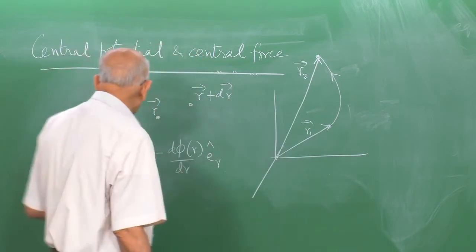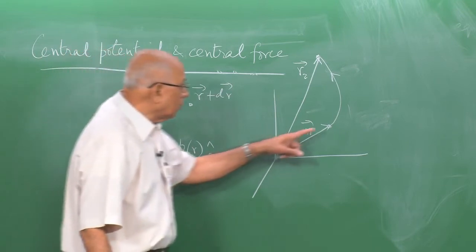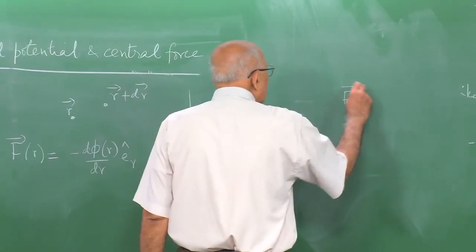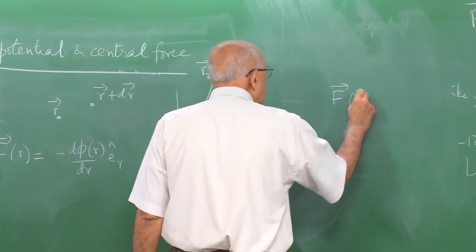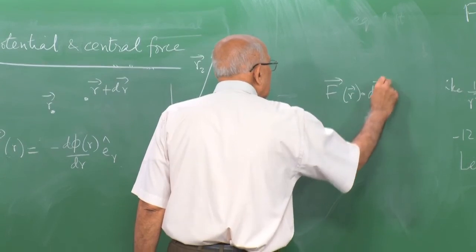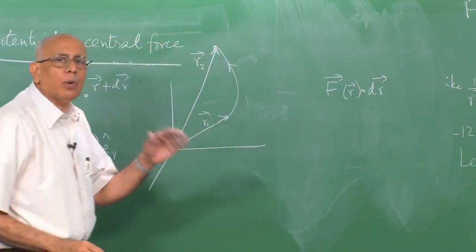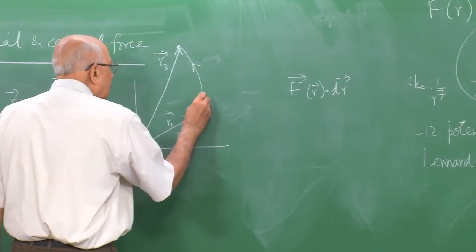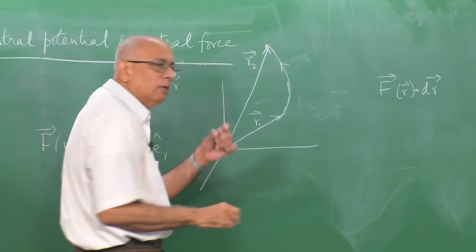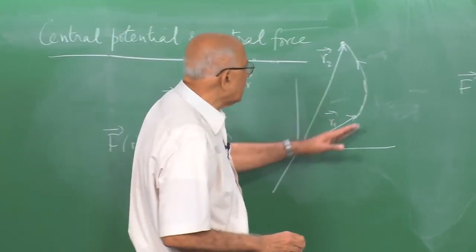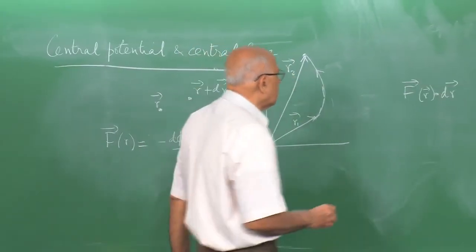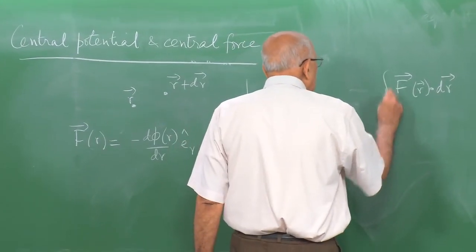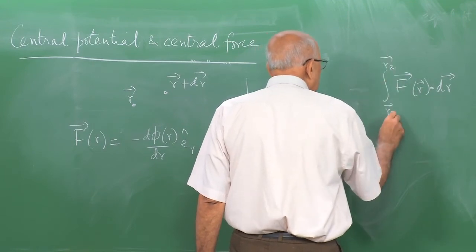So under the action of this force, this particle moves from r1 to r2, and the work done is equal to f at each point, f of r dot dr, and you must integrate or add up all these infinitesimal pieces. So here's the first displacement, the next displacement, the next, etc. These are all little infinitesimal dr vectors, and the vector sum of them will move you from one point to another, and the total is an integration from the point r1 to the point r2 in general.